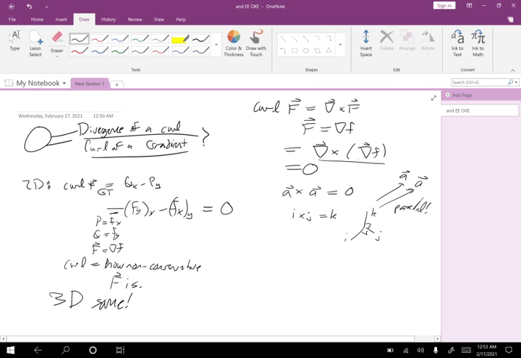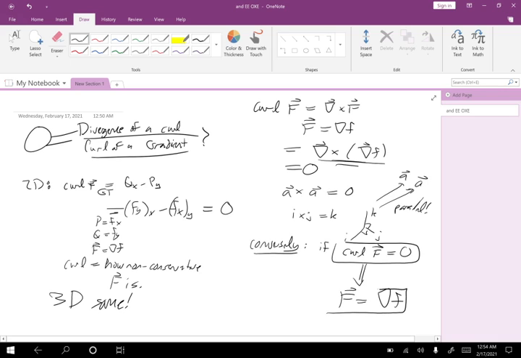So actually, it turns out the curl again represents how non-conservative. And conversely, if the curl is equal to 0, it turns out this implies f is a gradient. Exactly as we expect.